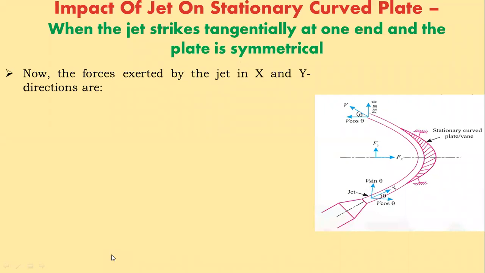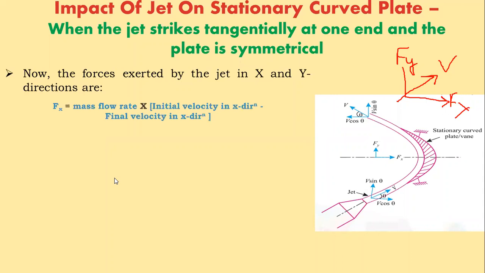Proceeding further, now directly we'll find out the force exerted by the jet in x and y direction. As the jet is striking at an inclined position, we have to find out both the forces in the x direction as well as the forces in the y direction.